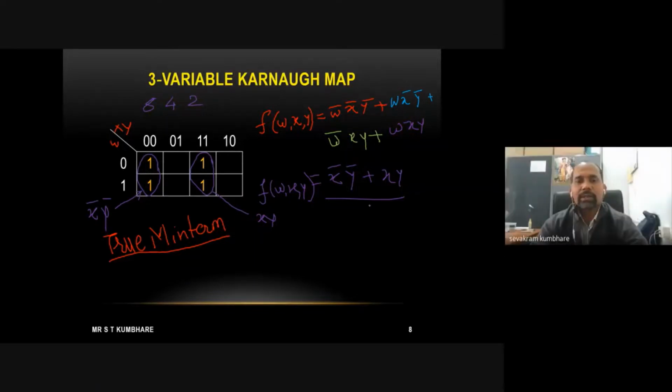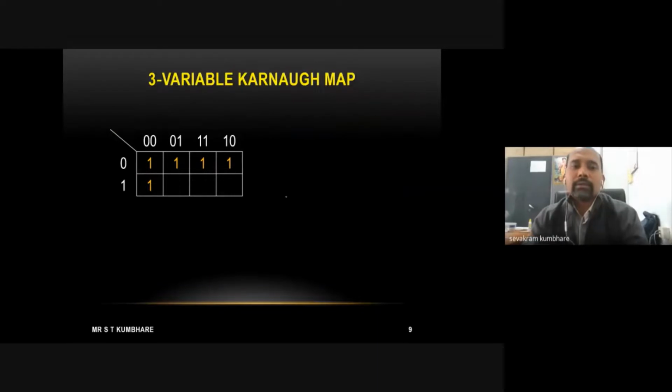Okay, let's take another example. This. So now, how many true minterms are there in this K-map? Five. 5 minterms are there, right? 1, 2, 3, 4, 5. Let us write down variable names over here.